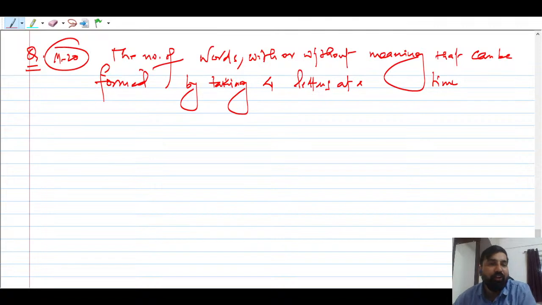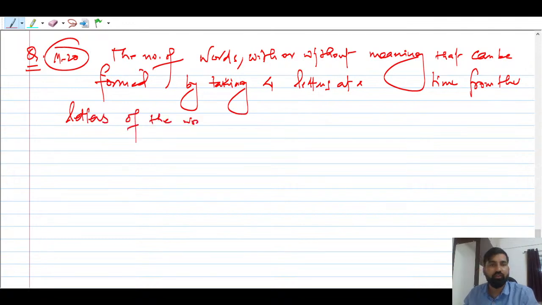So the number of words with or without meaning that can be formed by taking 4 letters at a time from the letters of the word SYLLABUS, okay.